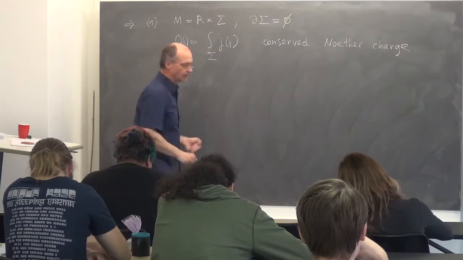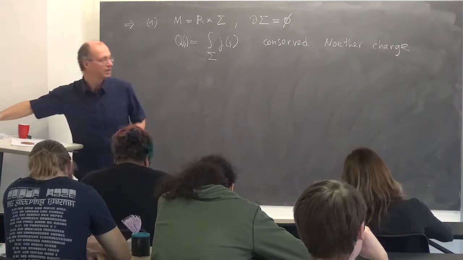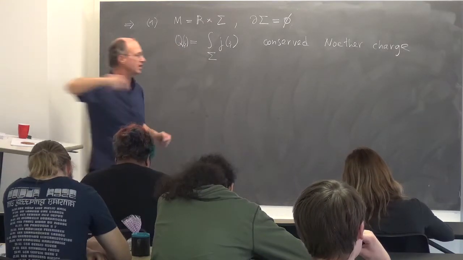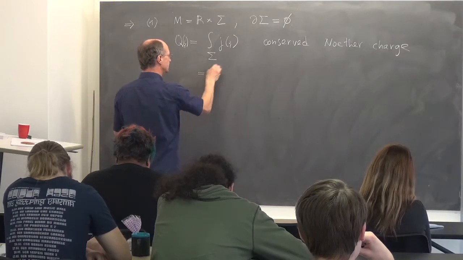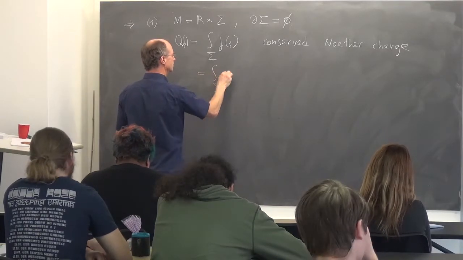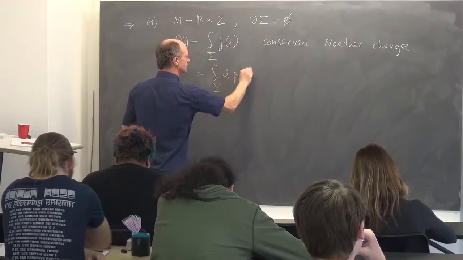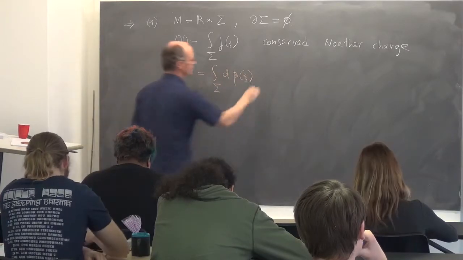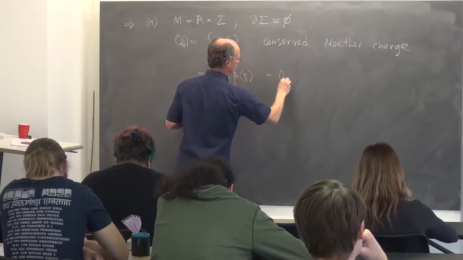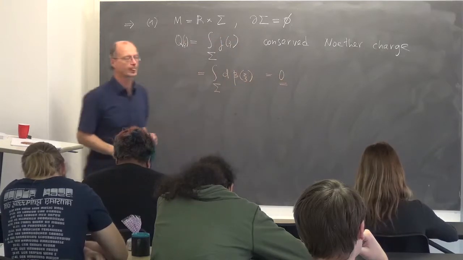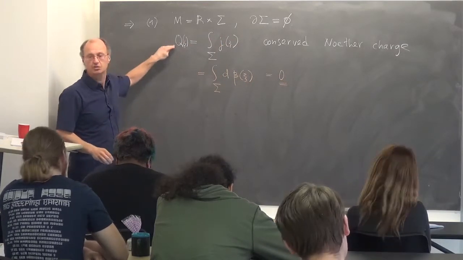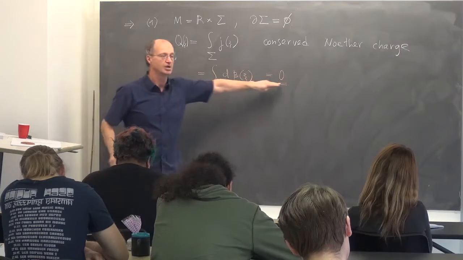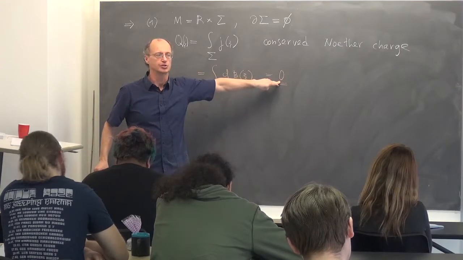Well, in our case, if the Noether current is actually exact, we get the integral over sigma of d beta xi, and we get 0. So it turns out that those conserved Noether charges in gauge theory simply vanish, right?